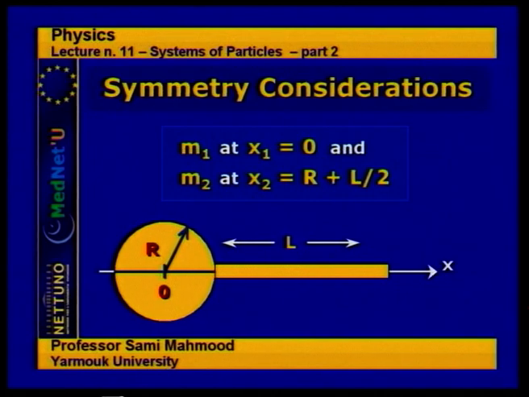So now, instead of having this complicated shape of body, we have reduced our problem into a problem which consists of two point-like particles, one having mass m1 at x1 equals 0, and the other one having a mass m2 at x2 equals r plus L/2.